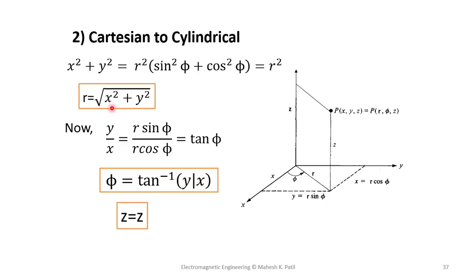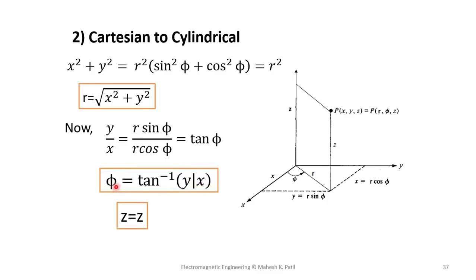Means the relation between r and x, y is r equal to the square root of x square plus y square. Now similarly if I take the ratio of the y coordinate divided by the x coordinate, that is r sin phi divided by r cos phi, it will be tan phi. Therefore tan phi is equal to y by x, so phi will be tan inverse of y by x.